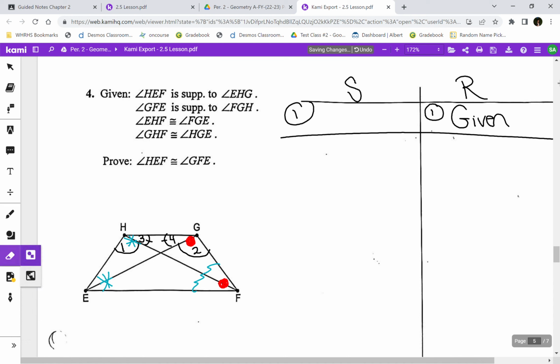You're right, your thought process is good. We said the wrong angles though. I conclude that EHG is congruent to HGF. Excellent. So we're going to say that angle EHG, this whole angle, is congruent to angle FGH, that whole angle.